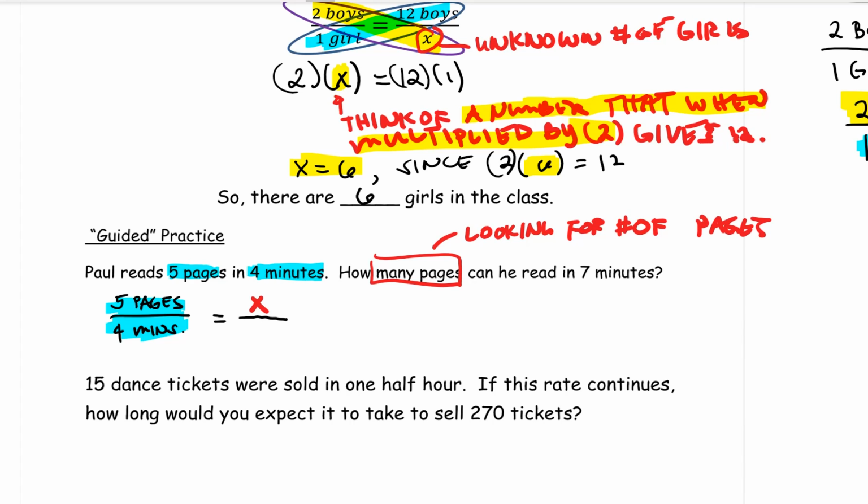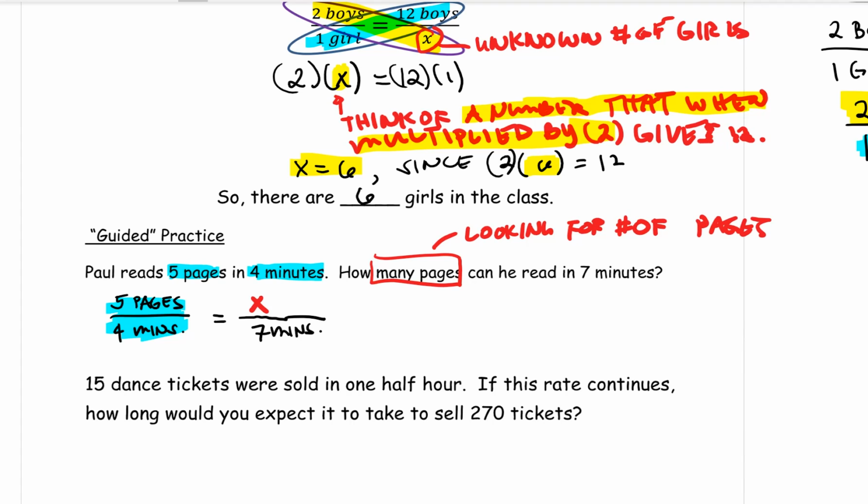Generally it's just x, to represent the unknown number. But if I have 7 minutes, I don't know the number of pages.